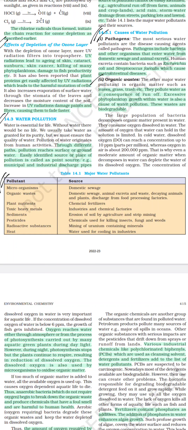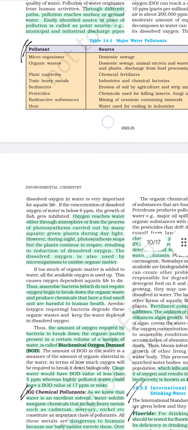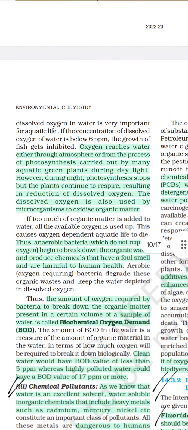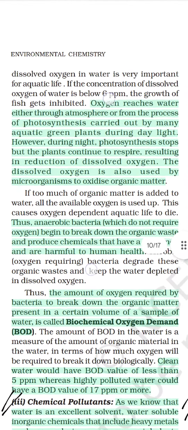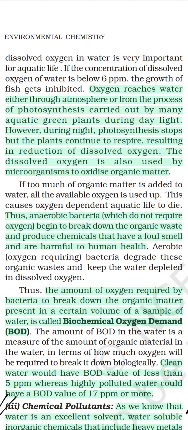Now, the concentration of dissolved oxygen in water is very important for aquatic life. If the concentration of dissolved oxygen of water is below 6 ppm, the growth of fish gets inhibited.